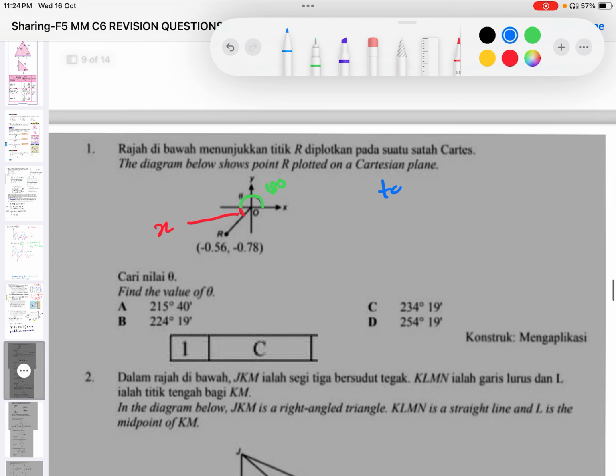So tan x will be equal to y over x. Okay, so y over x is going to be negative 0.78 divided by negative 0.56. Okay, and x will be tangent inverse of 0.78 divided by 0.56.